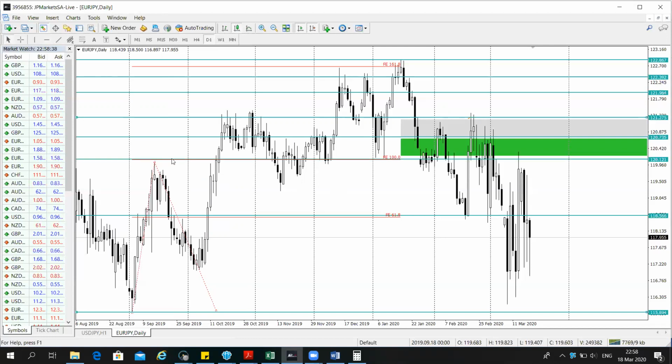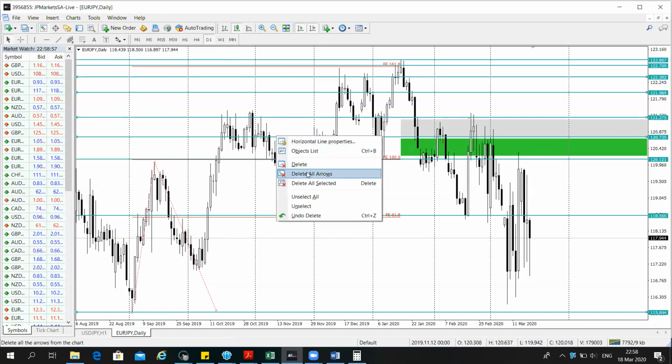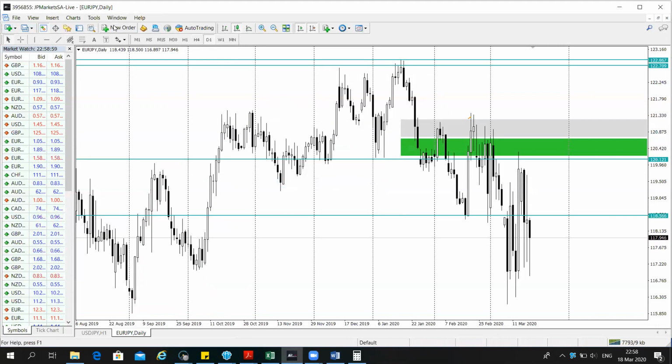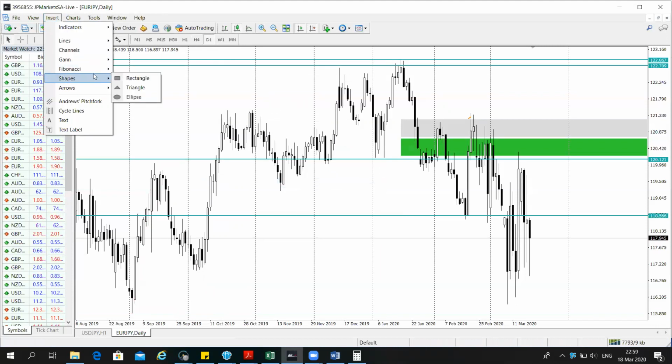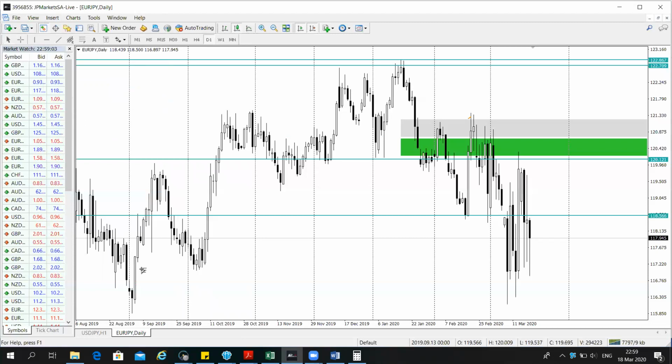Any price above the 100 you can buy, but the highest price you can go to is the 161.8. Boom, it goes to that one. You can see the 161.8. Let me remove these other levels that are included. I'll have to add the tool again because I didn't deselect it.